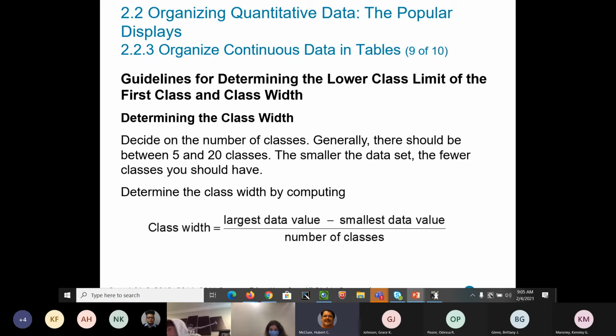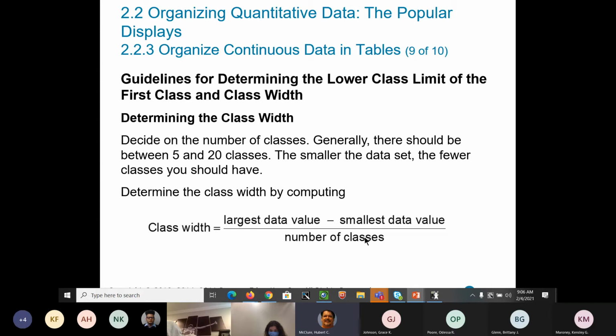You take the largest data and the smallest data and you divide by the number of classes. Write that down because that's what you use if you're not given all of the classes. Class width equals the largest value minus the smallest value over the number of classes.